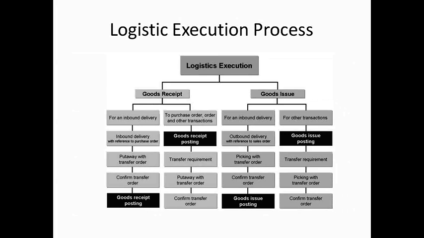Yes, either in case of goods receipt or goods issue, the TR and the TO may happen after goods receipt or before goods receipt, depending on the situation. If it is before goods receipt, then a negative quantity is generated. When it is after goods receipt, the TR and the TO give a positive quantity, which gets nullified and stock is updated accordingly. So this is the bottom line, the gist.